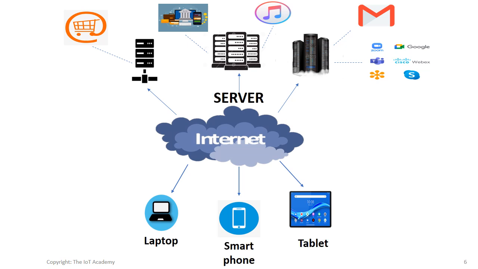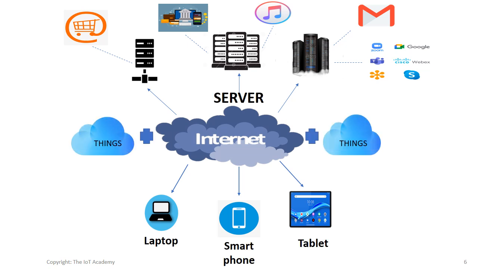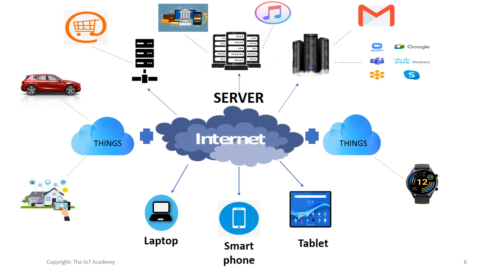But when we connect things with the internet, like a car, a smartwatch, a smart home, and similarly a factory, we can monitor them. By using IoT, we can check the fuel and location of the car.